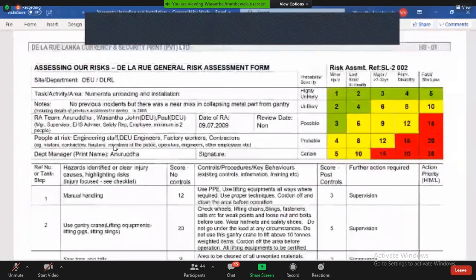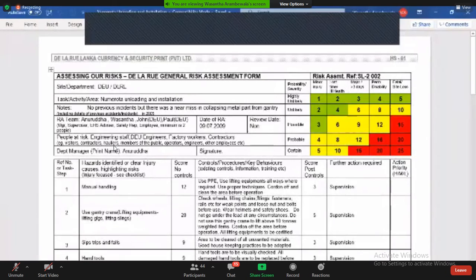It's a one-page document like this, right? You can see the ratings here, the guidance, the assessment number, and the reference number. Task 1, 2, 3, 4, whatever, and hazards or likely injury causes, highlighting the risk, for example manual handling hazards.